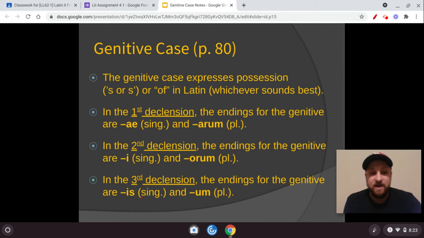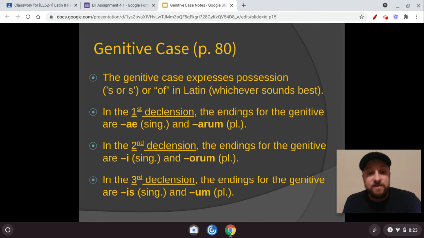And then here's the IS. Now we saw IS as a plural ending, like cum servis means with the slaves. But in the third declension, IS is going to be "of one." So urbis is of one city, like per vias urbis is through the streets of the city.